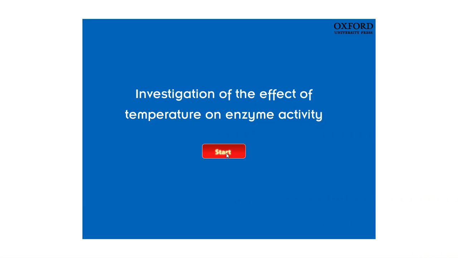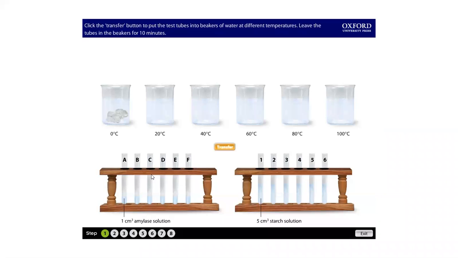Investigation of the effects of temperature on enzyme activity. So how does temperature affect enzyme activity? Pay attention, I have amylase solution, I have starch solution. Amylase, once again, is an enzyme. Starch is a substrate.